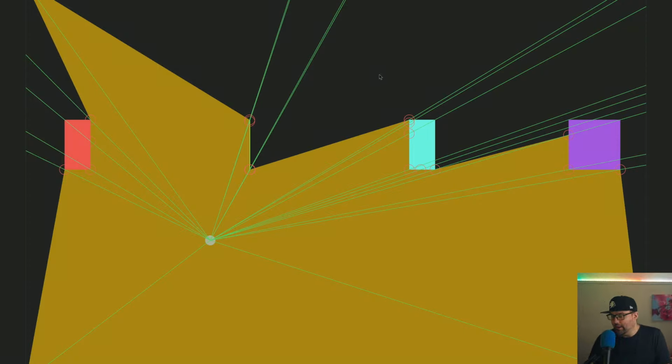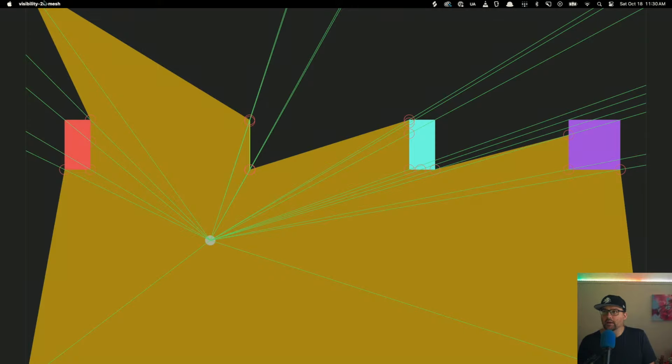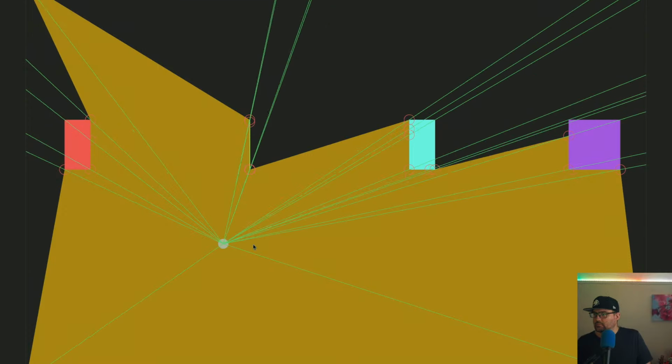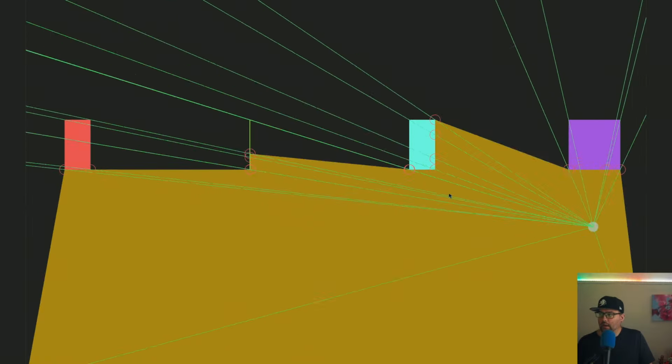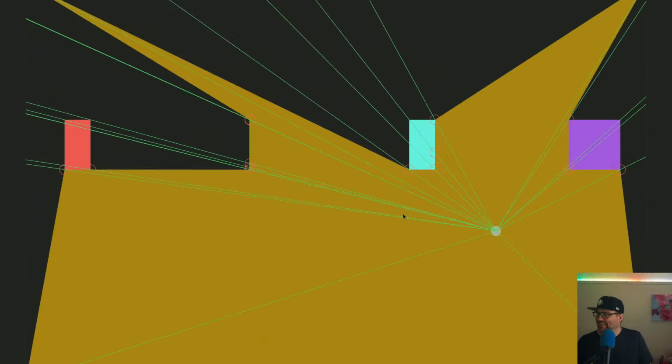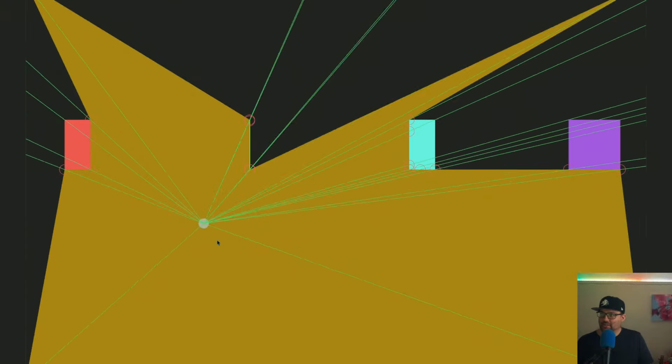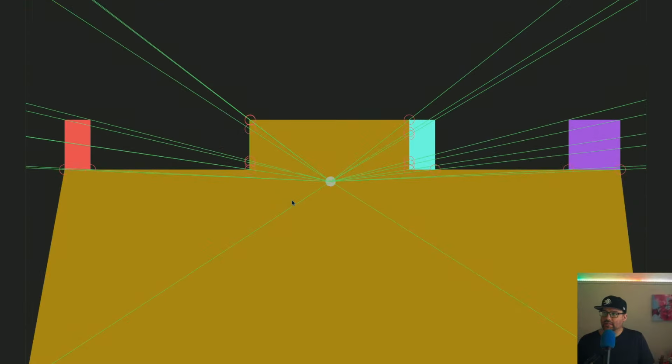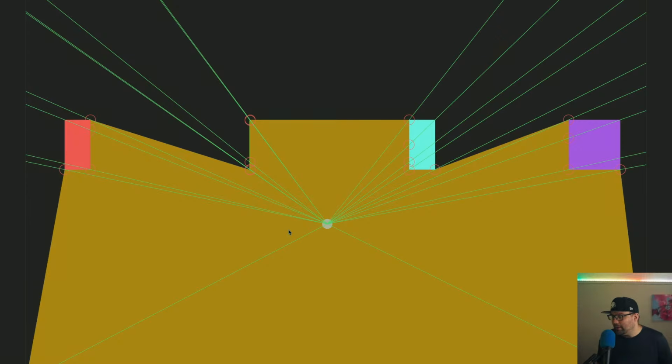I don't know. I'll think about it. I'm kind of dropping on mental capacity at the moment. But our visibility mesh is coming along. We just need to use the raycast information that we now have available to us. And then this becomes an actual visibility mesh.